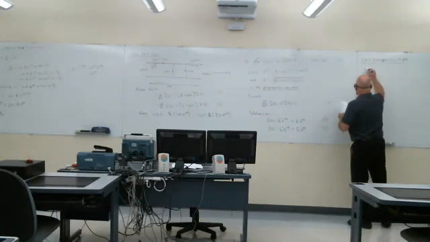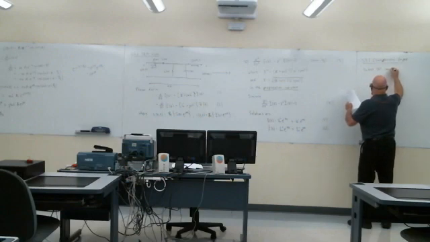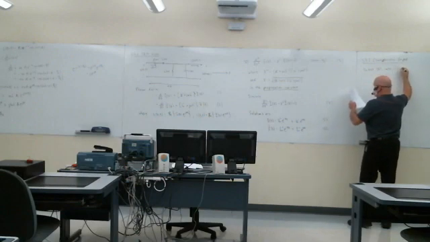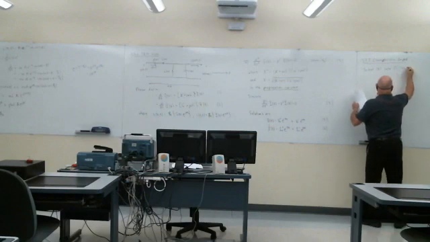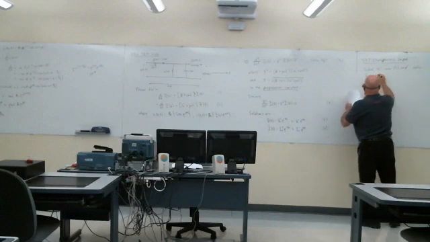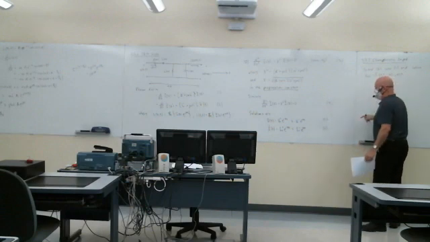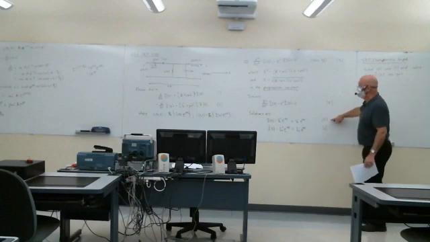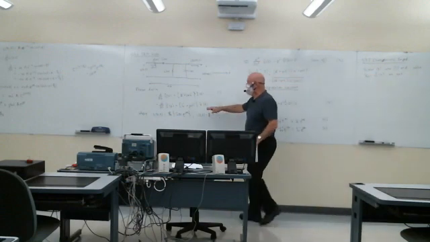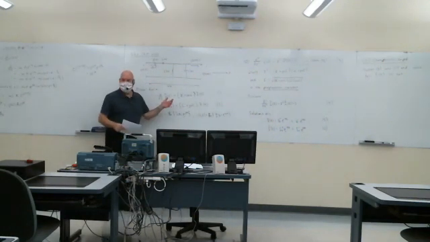So if we substitute 5 into 1 and solve for I, we take this equation for V, take the derivative of it with respect to z, and plug it in here.